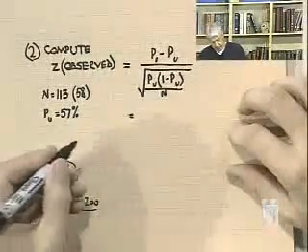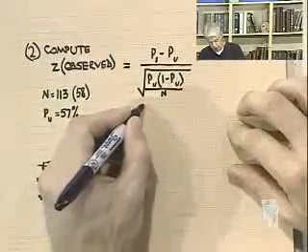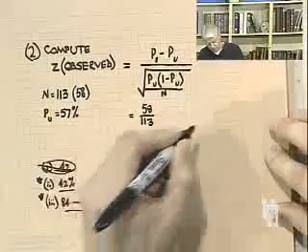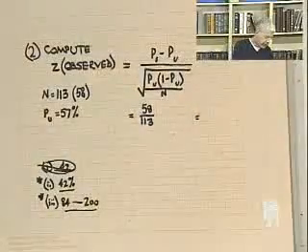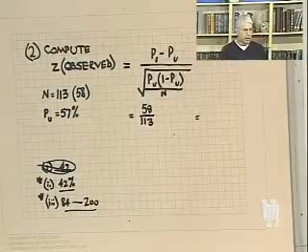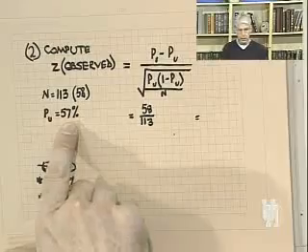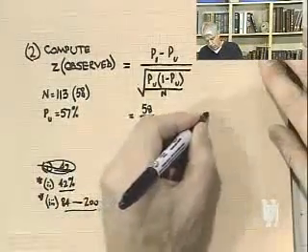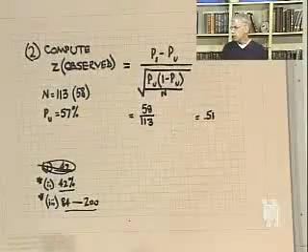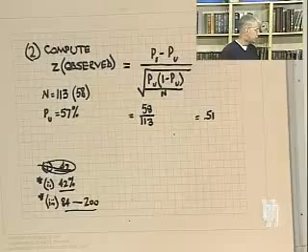The P subscript S would be 58 divided by 113. And 58 divided by 113 is 0.513, and since we're dealing with data to two decimal places, we could say 0.51, yes? Everybody happy with that? Or is there anybody out there who says, I don't know where that came from?